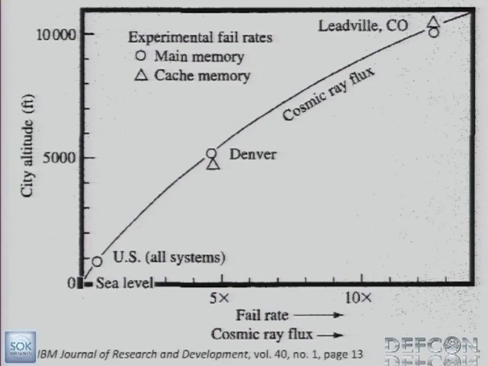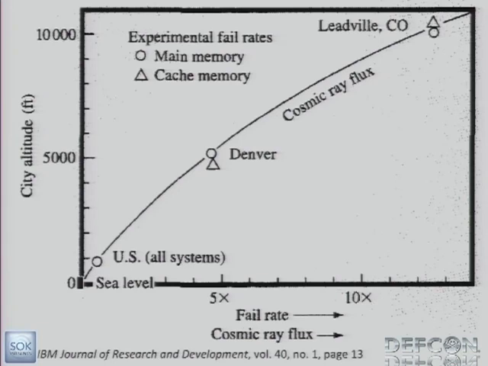This is a graph taken directly from the IBM Journal of Research and Development, volume 40, number 1, page 13, for those who are interested. And what it's plotting here is altitude versus cosmic ray flux, which go hand in hand. The higher up you go, the more cosmic rays there are, since there is less atmosphere.